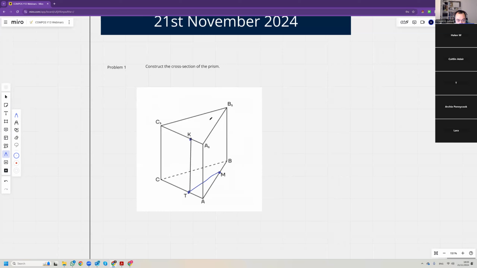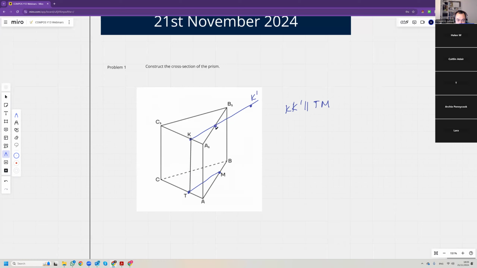You draw a line parallel to TM through point K. So you construct a line, let's call it KK1. KK1 is parallel to TM. And that gives you the third point of intersection.